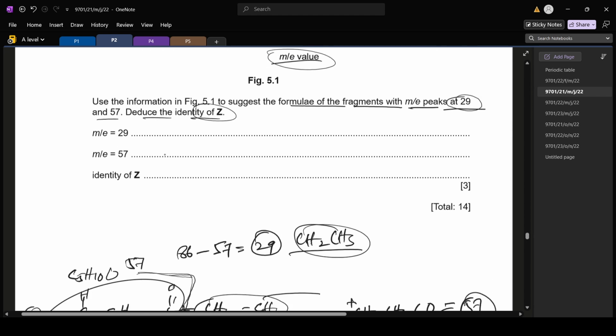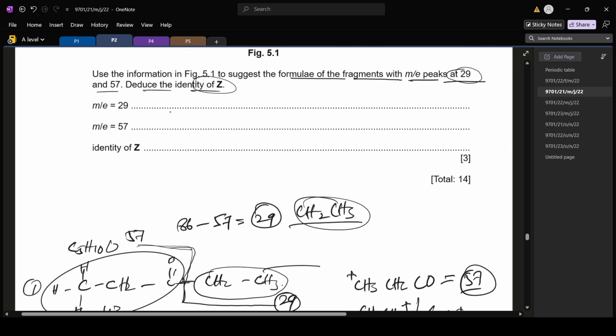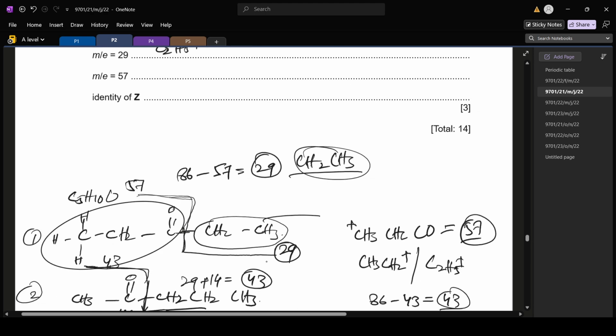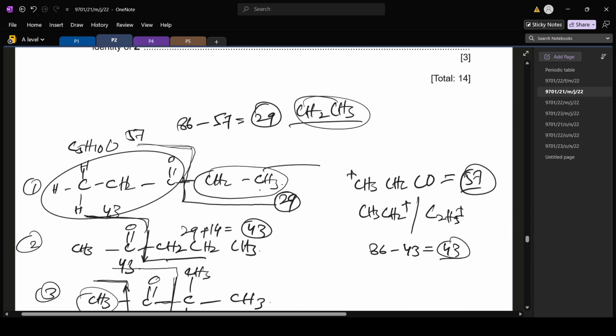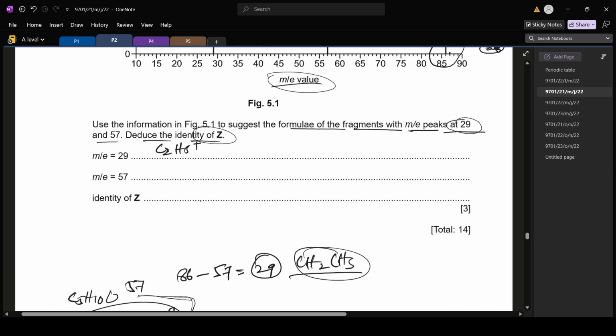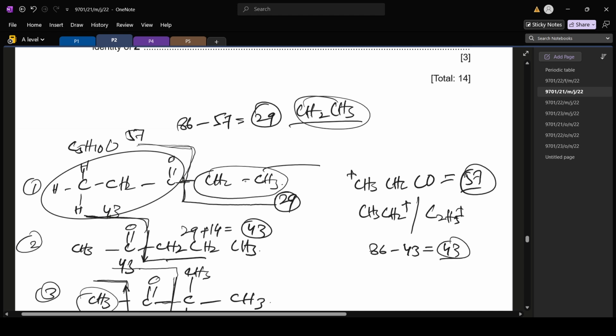Okay, so the peak at 29 is due to C2H5 plus. Okay, this is the ethyl group, and the peak at 57 is due to this group.